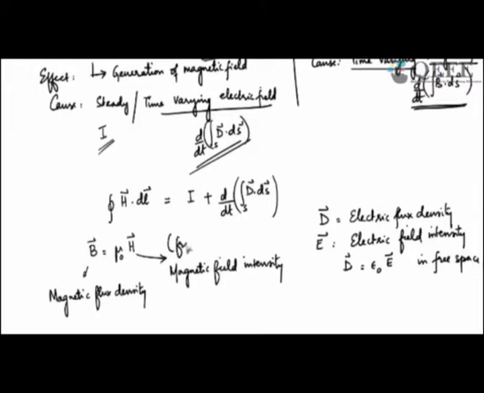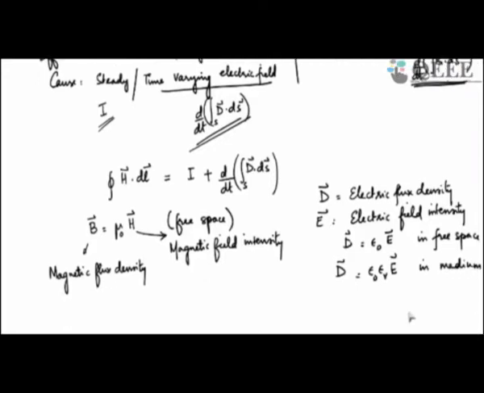In a medium, D is epsilon naught epsilon R E, where epsilon R is the relative permittivity of the medium. This actually tells you the response of the medium.